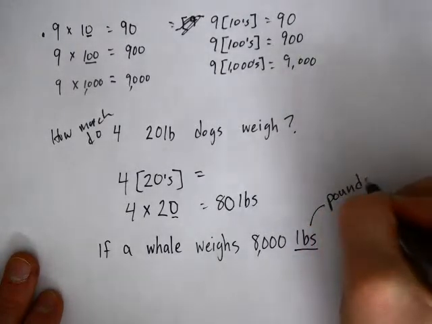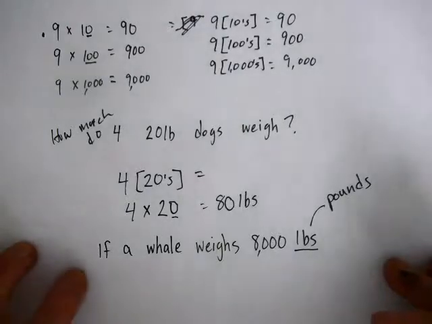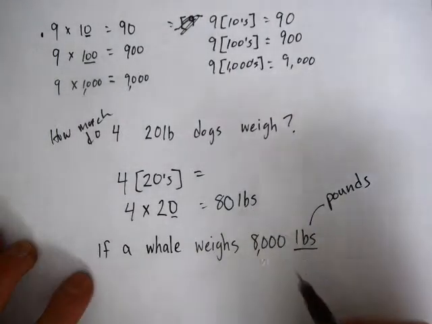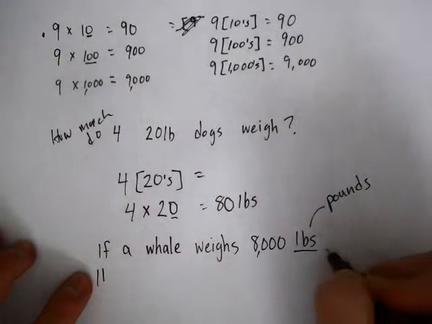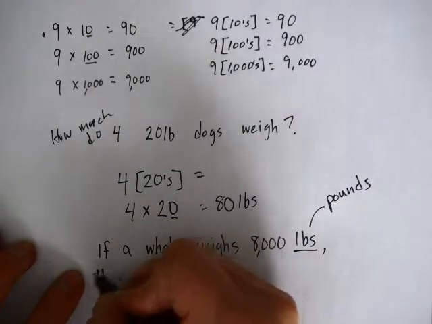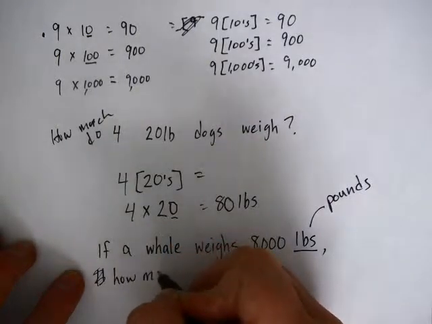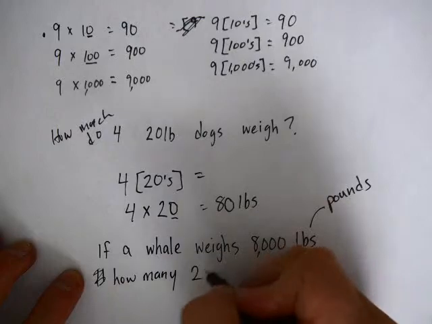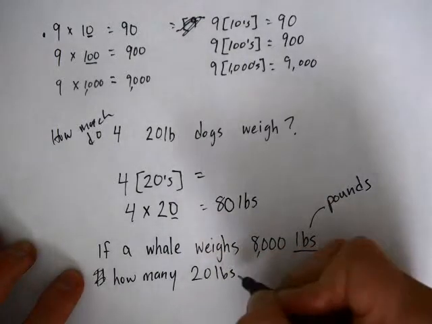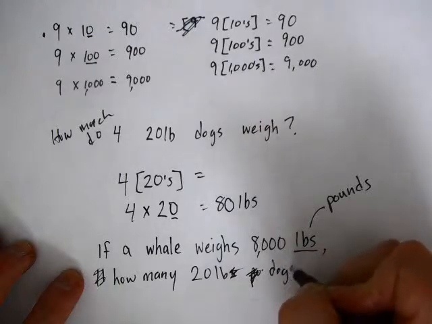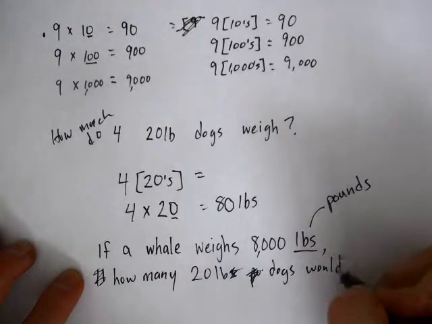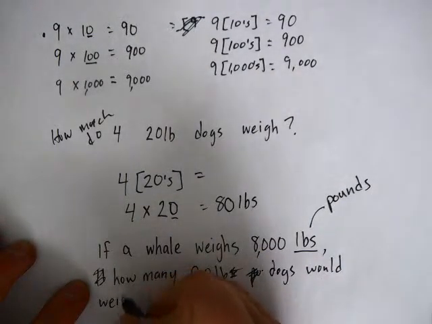If a whale weighs 8,000 pounds, so I guess it's a big animal, how many 20-pound dogs would weigh the same amount?